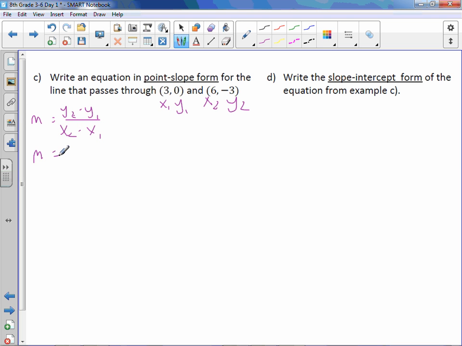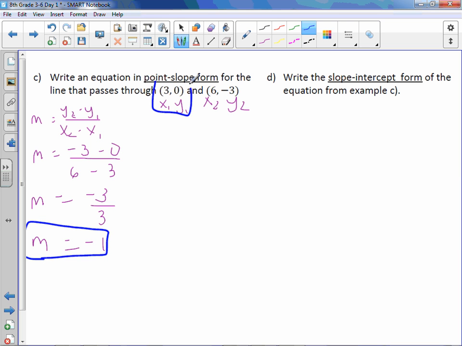M equals y2 is negative 3 minus y1, which is 0, over x2, which is 6, minus x1, which is 3. So m equals negative 3 minus 0 is negative 3, and 6 minus 3 is 3. Negative 3 divided by 3 is negative 1. So that's our slope. We have our slope of negative 1, and we have our x1, y1.